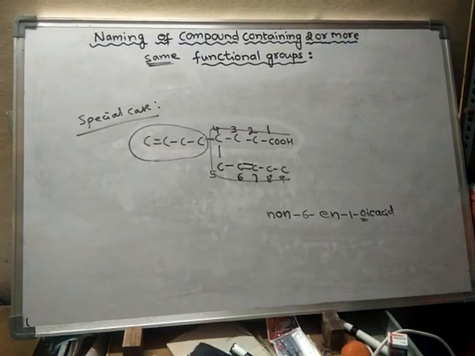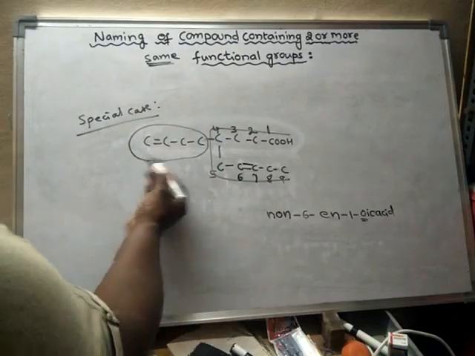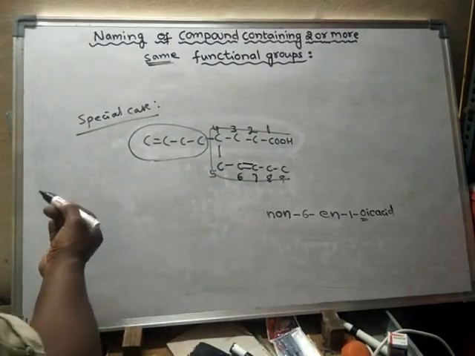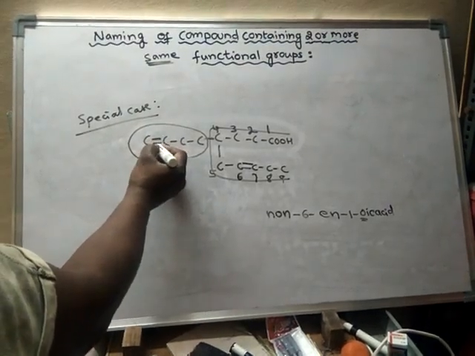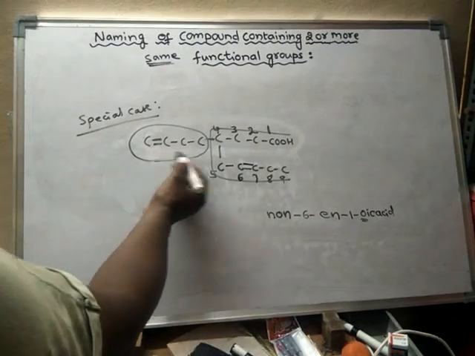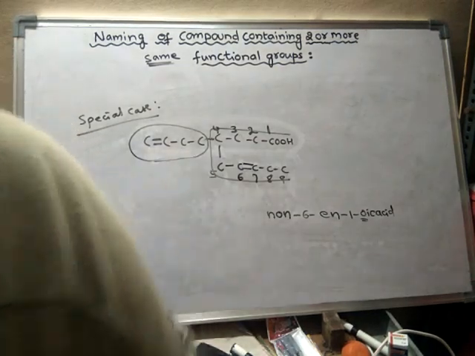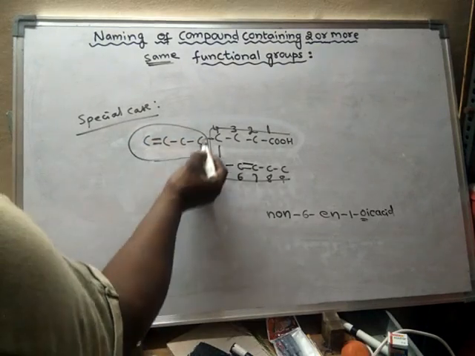And here the other part of the compound is also present, so we have to mention this one. This is treated as a complex substituent because a double bond is there. As a double bond is present, though it is a non-branched side chain, still we have to consider it as a complex chain, and mention it in the bracket.